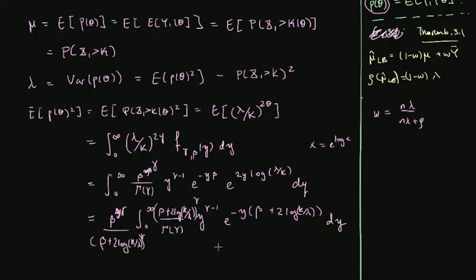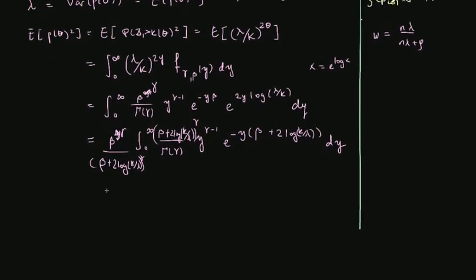Okay, now what I have inside the integral is just a gamma density, so the entire integral evaluates to 1, and what I am left with is beta divided by beta plus 2 multiplied by log of k over lambda, and this entire fraction to the gamma.